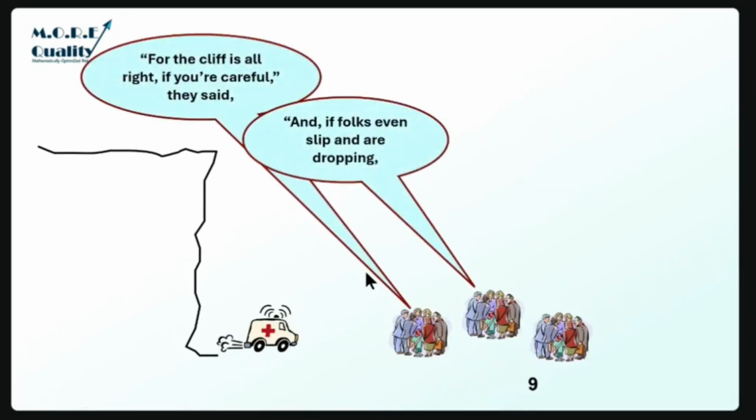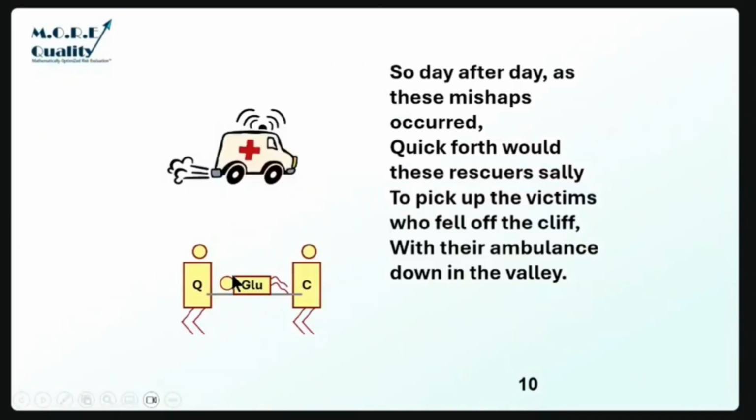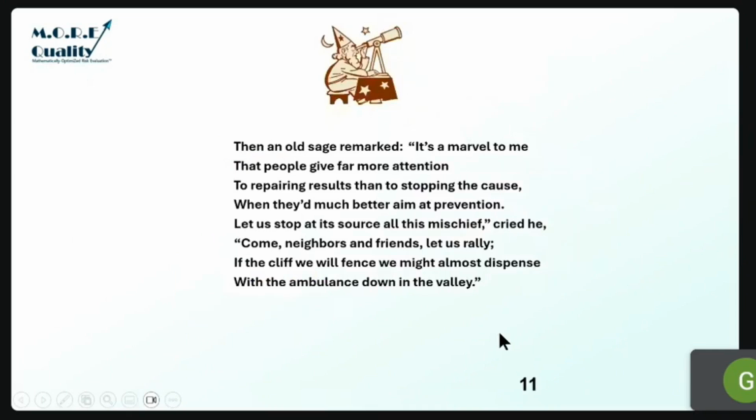For the cliff is all right if you're careful, they said, and if folks even slipping or dropping, it isn't the slip that hurts them so much as the shot down below when they're stopping. So day after day, as these mishaps occurred, quick forth would these rescuers sally to pick up the victims who fell off the cliff with their ambulance down in the valley.